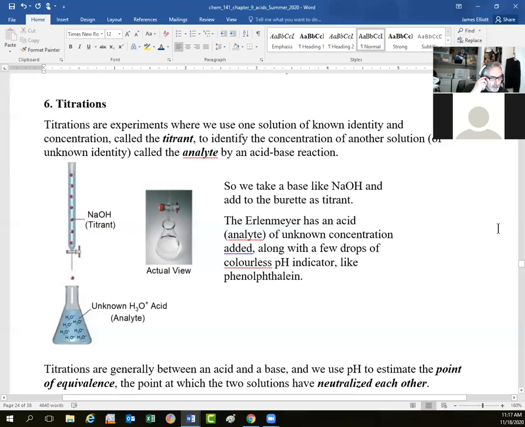So we often come across solutions which have an unknown concentration. That could be an acid or a base. In order to work with them and use them, we need to know what that concentration is. And we can work out that concentration using a titration.